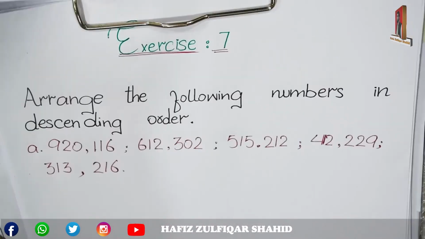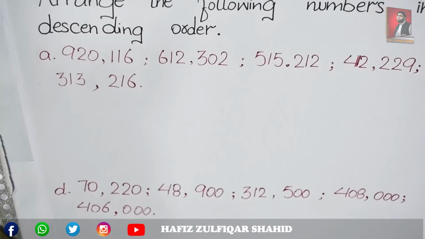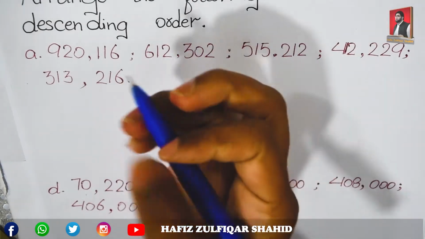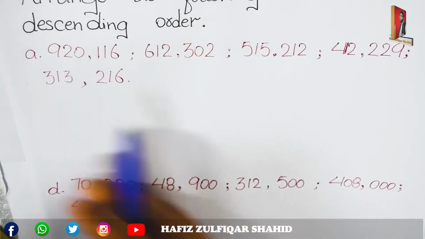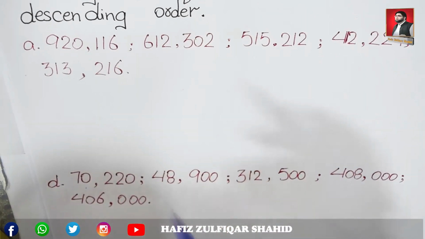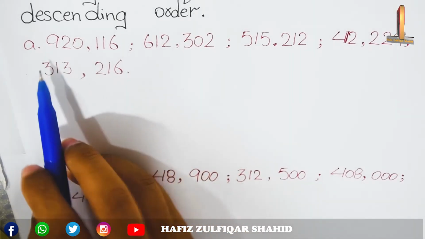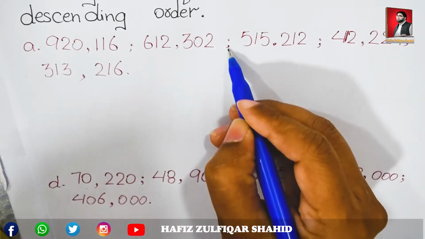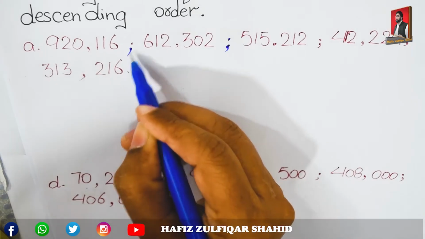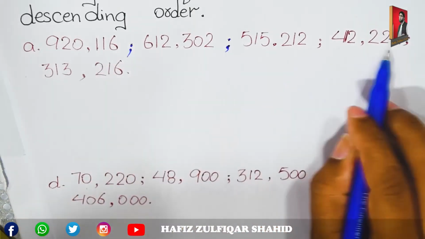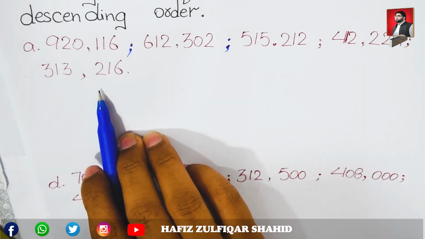Students, solve this exercise in your notebook according to the method I am going to explain to you. See, we have some numbers here. 5 values to compare.